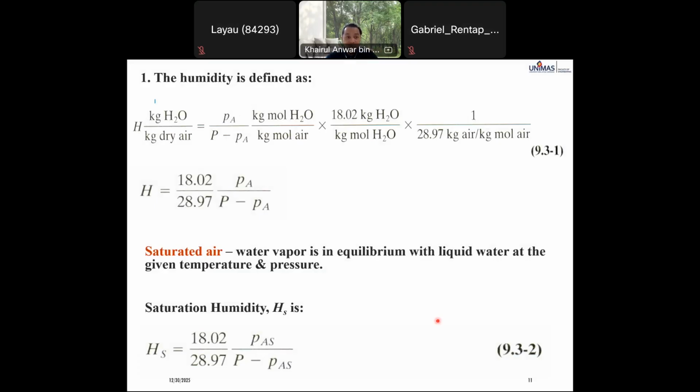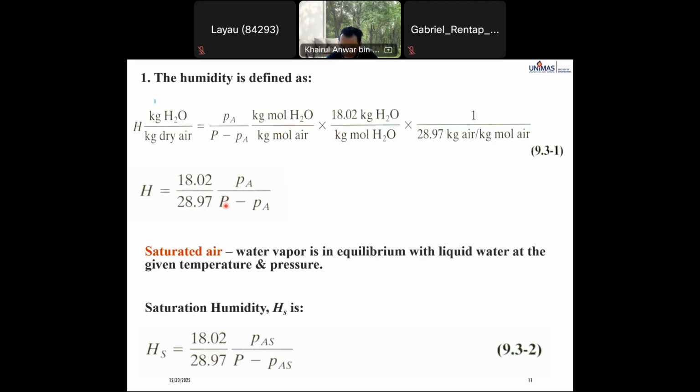So the humidity is defined as, equation 9.3-1, H equal to 18.02 over 28.97, times the partial pressure of water divided by P minus the partial pressure of water.